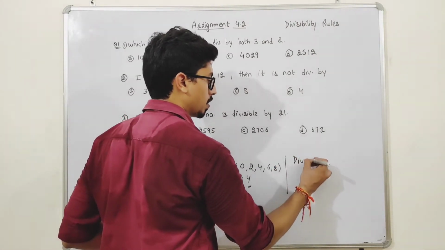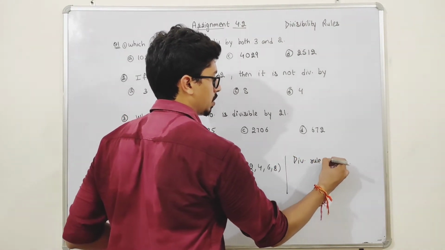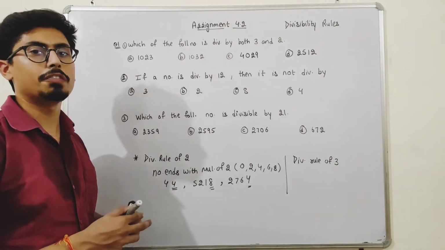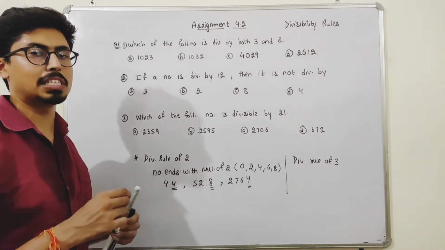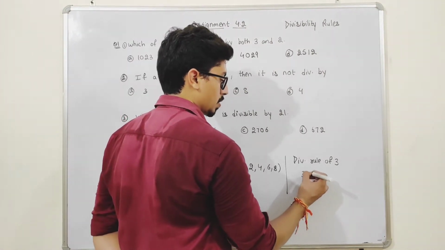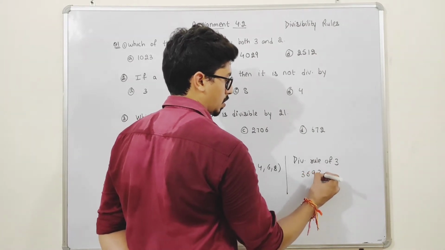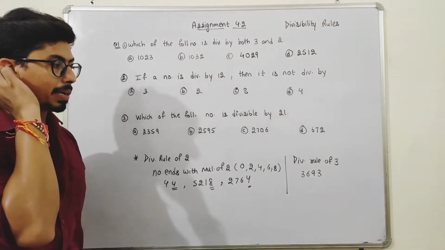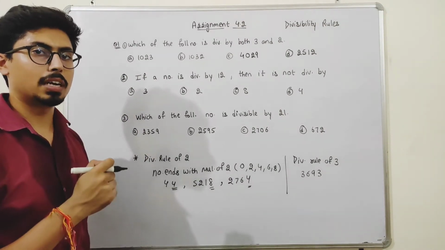Divisibility rule of 3. Any number which is divisible by 3, how can we tell that the number is divisible by 3? Like if I take this number, students, yes, this number is divisible by 3. How can I tell?